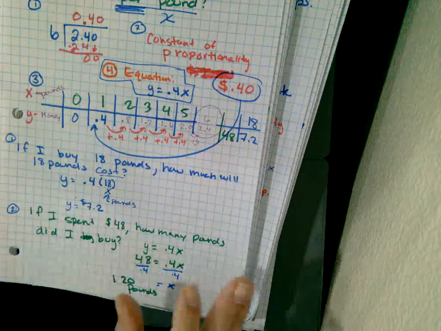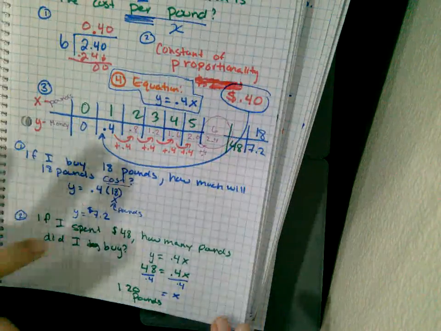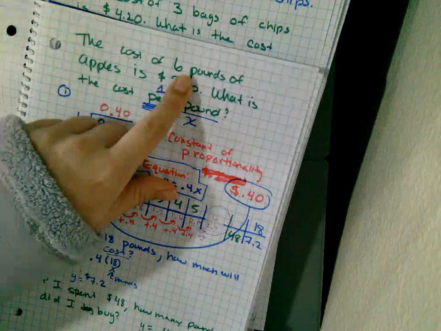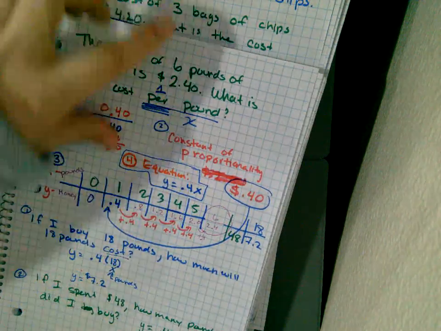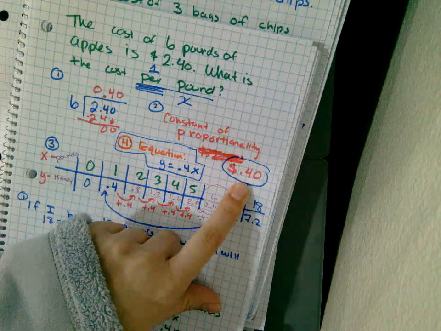All right, we have one more graph to do, right? We have to graph this one. The cost of 6 pounds is $2.40. So what was our unit rate? Our unit rate was 40 cents. So let's start that graph.